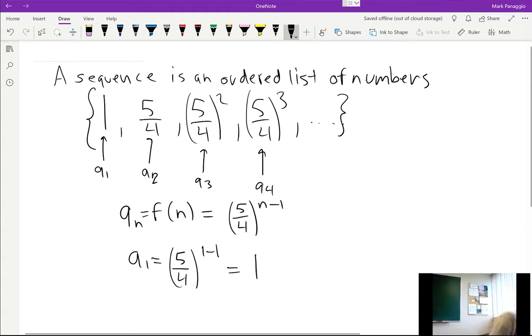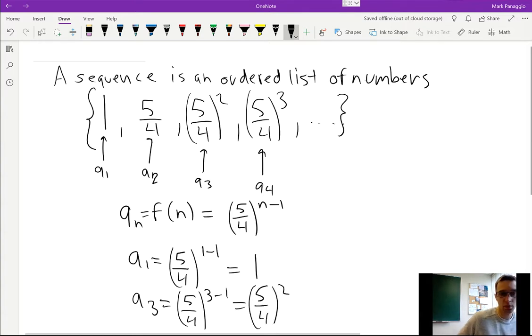And if you plug in a3, you'll get 5/4 to the 3 minus 1, or 5/4 squared. And that would work for any term within the sequence. Okay, so we can use sequences to describe an ordered list of numbers, and often the pattern can be represented with a simple function. All right, well, let's give this particular sequence some context.